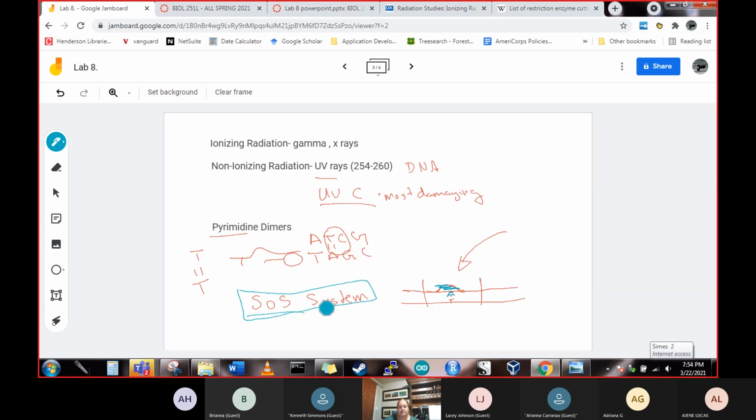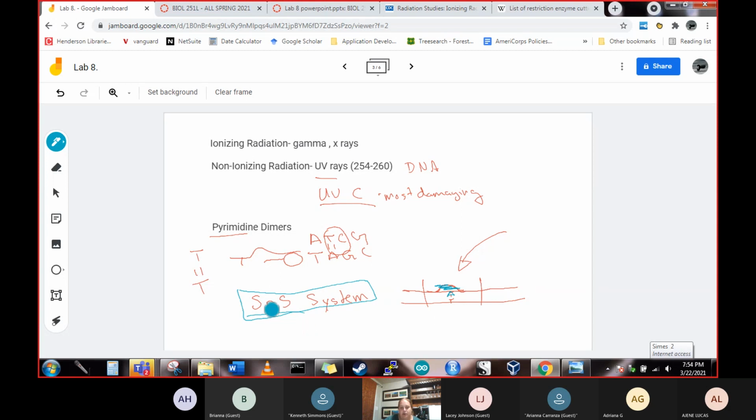Other things that could resist UV would be your endospores. Your endospores will protect the DNA of the bacteria from UV. Also biofilms. So you create that mucus layer over top of the bacteria, and it protects them as a barrier from UV.